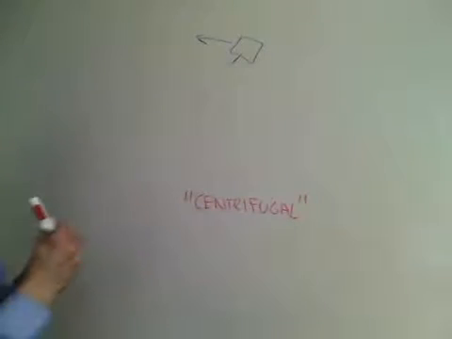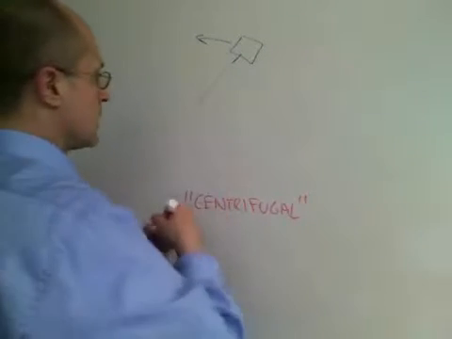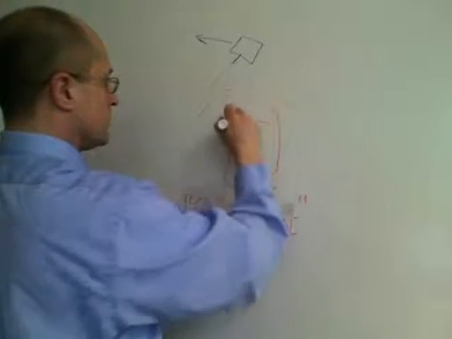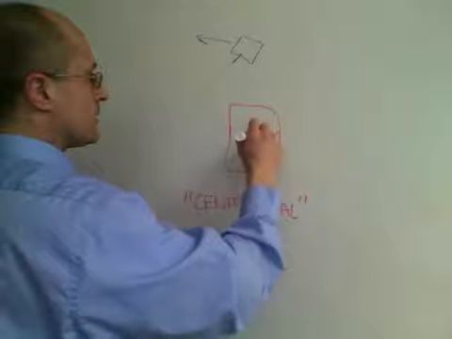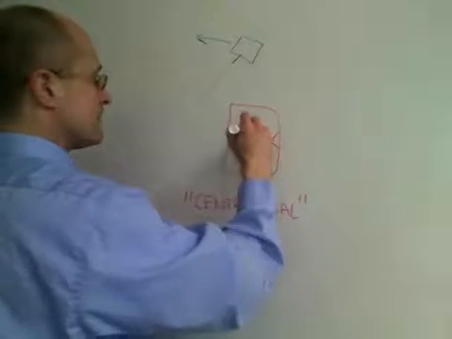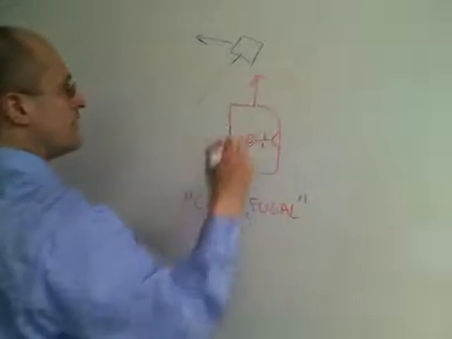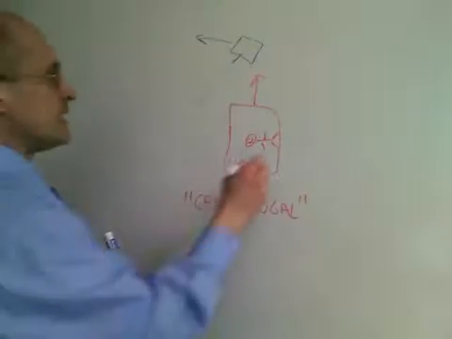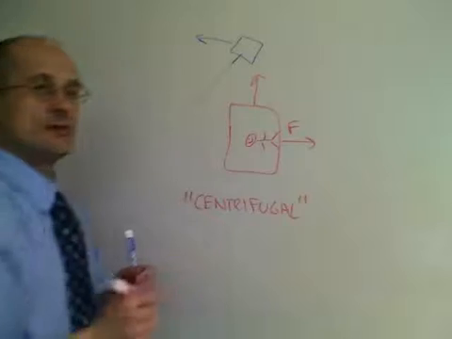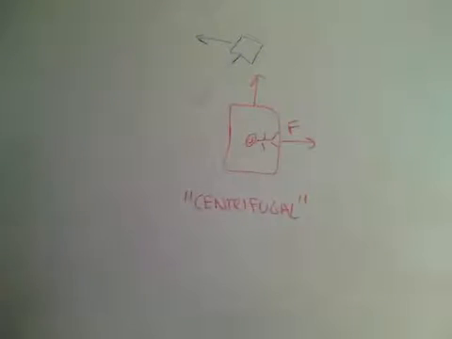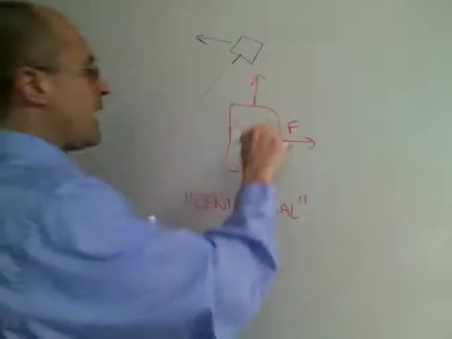Now, if you're inside this can as it's going around, so let's say you're standing here on the can, and the can is moving this way, what you feel standing in the can is a force pinning you to the bottom. And you feel an outward force.